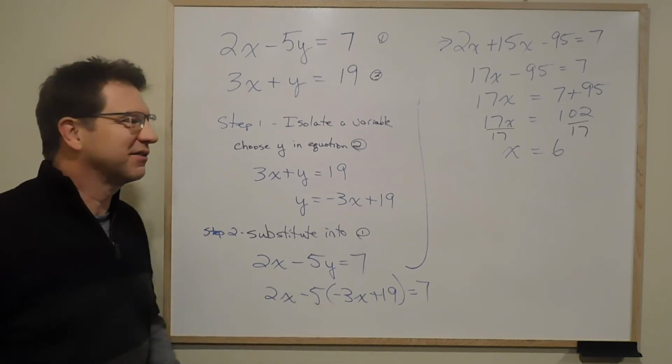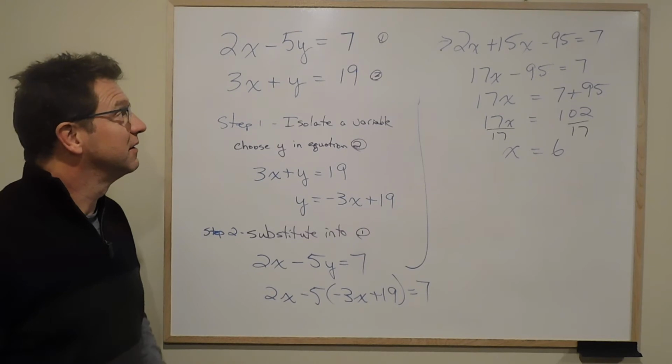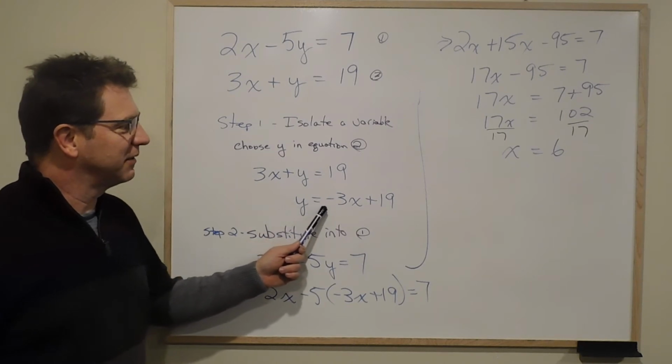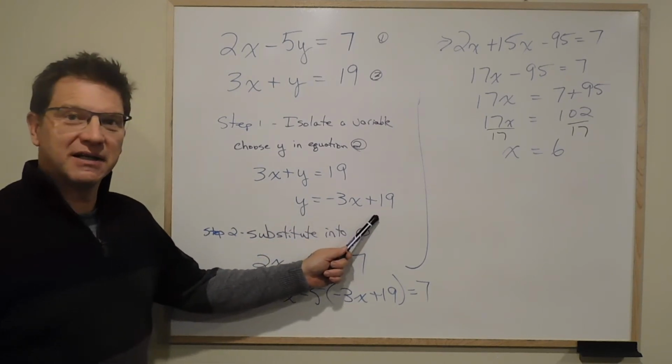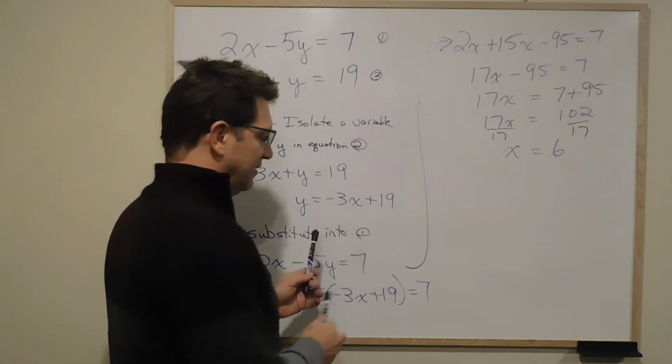That's excellent. How do we get the y value? Well, we can substitute it in here to get the y value. We know that y equals negative 3x plus 19, right? From right there.